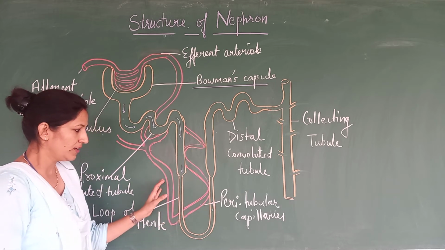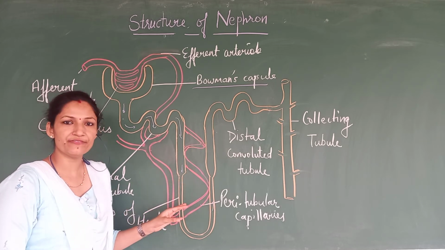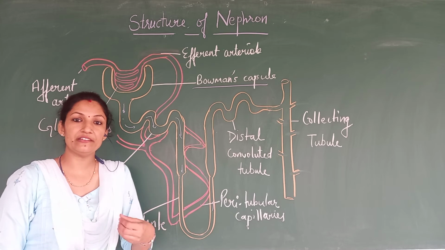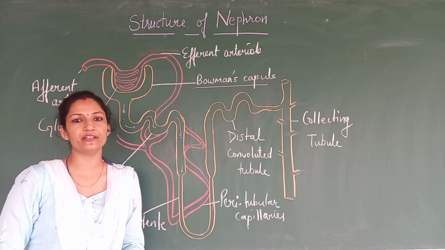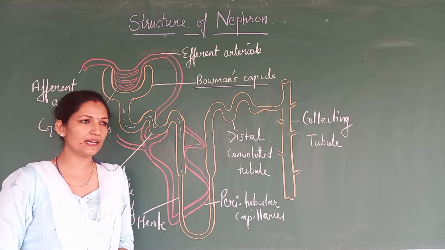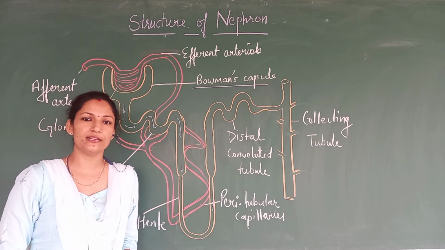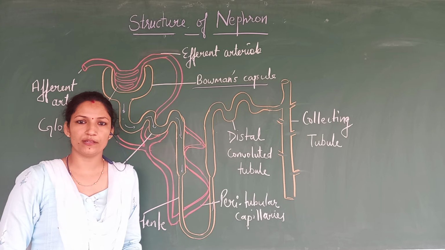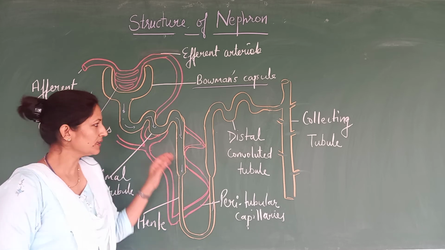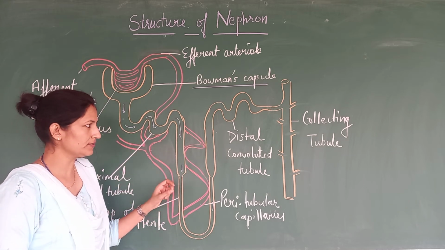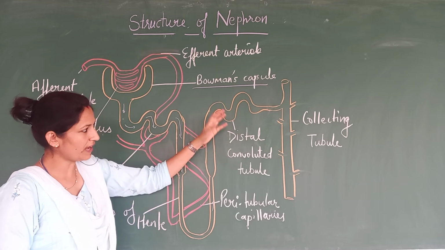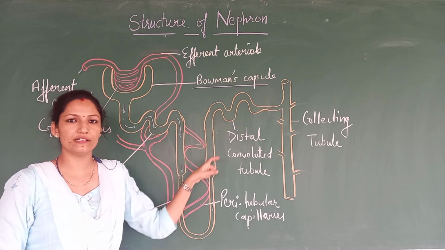Different parts of nephron have different permeability for different substances. It's not like every substance gets reabsorbed, absorbed, secreted at every part of nephron. No. As per the different permeability, the movement of ions of different substances will occur throughout the nephron.